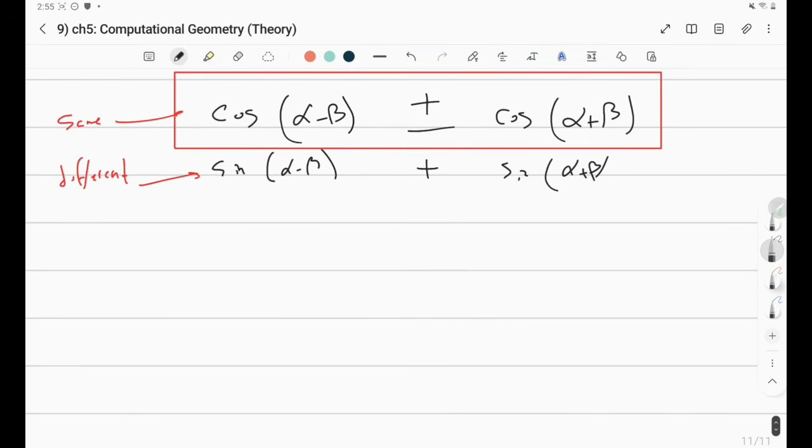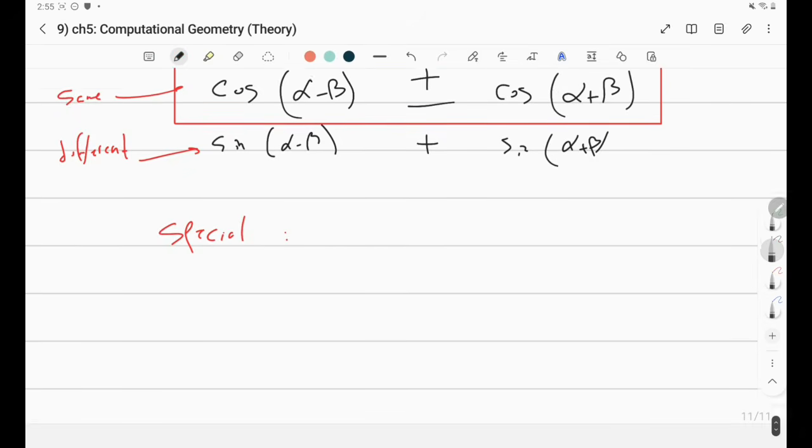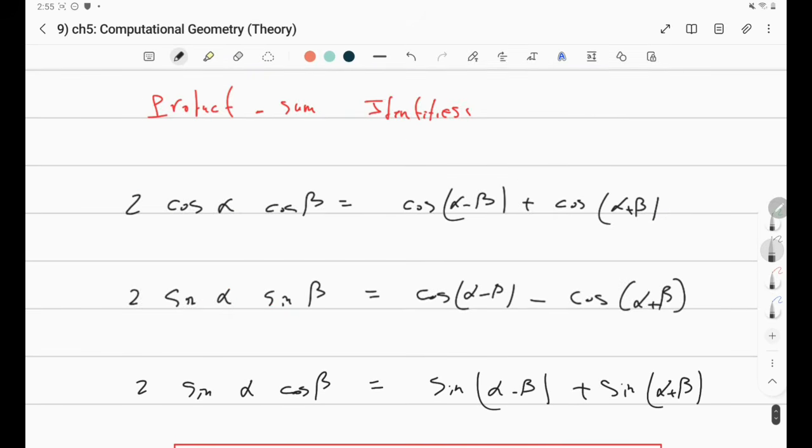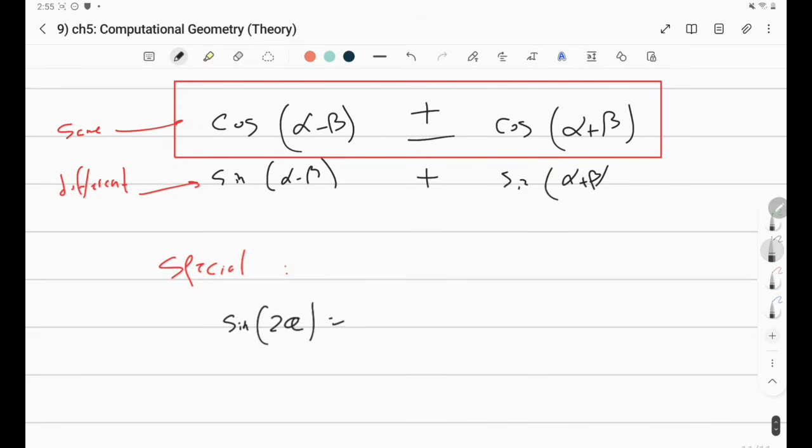Now there are some special formulas. For example, what if you have sine of 2 theta? Of course you can just plug it in, right? We know it's theta plus theta, and you're going to get 2 sine theta cosine theta. What about cosine of 2 theta?